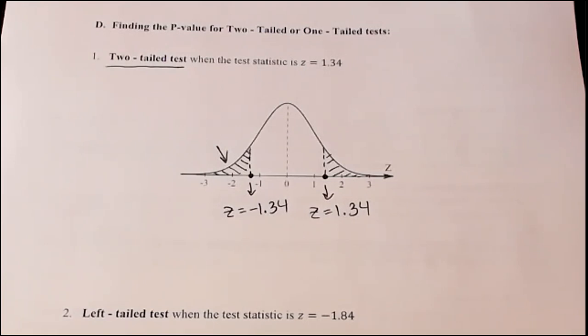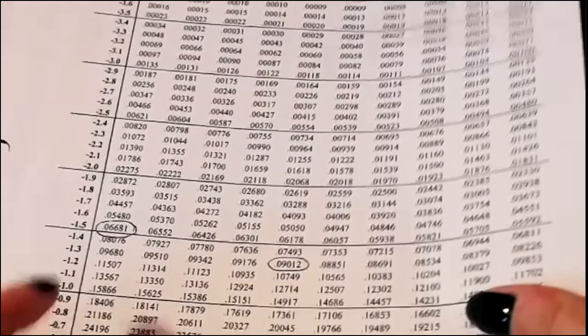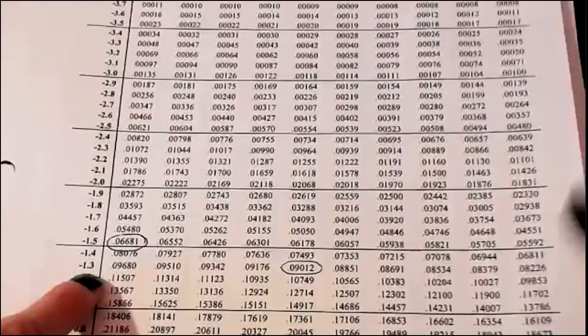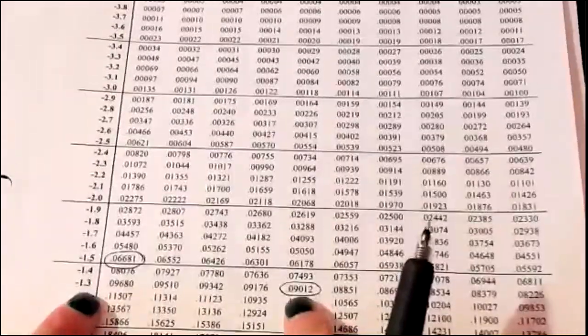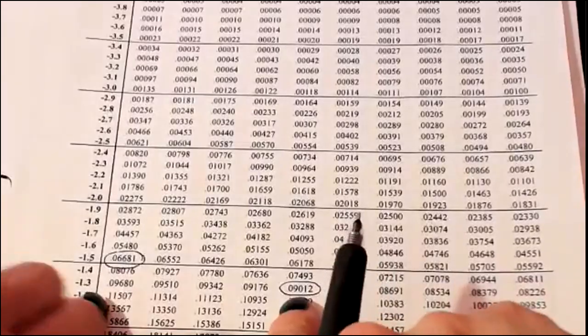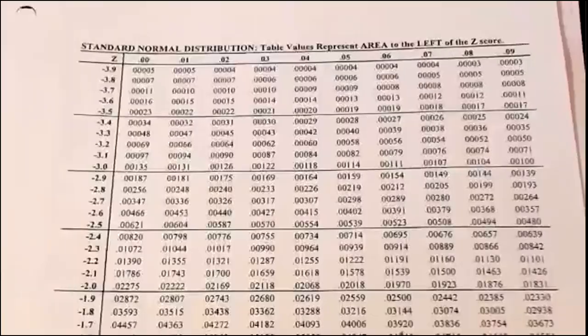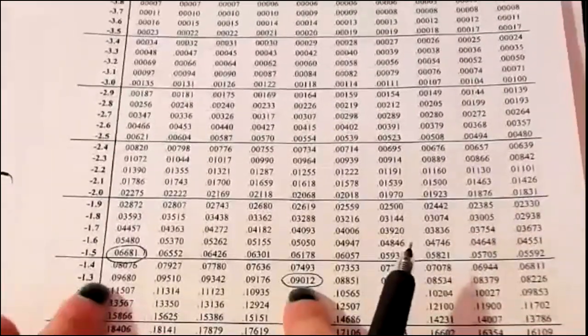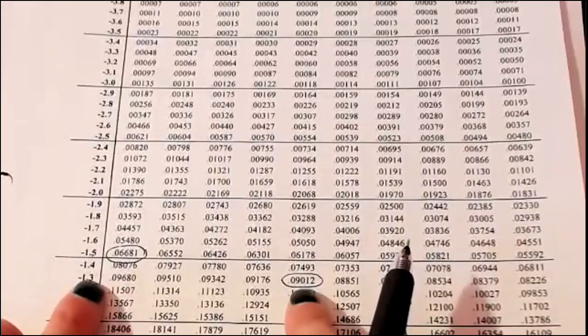Negative 1.34. Jenny, excellent. So according to my chart, when I look at negative 1.34, let me scoot this down. I can do it. There it is, the 4 column. We see that the p-value is 0.09012.